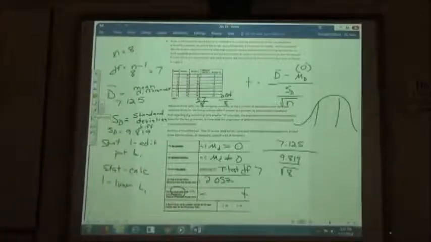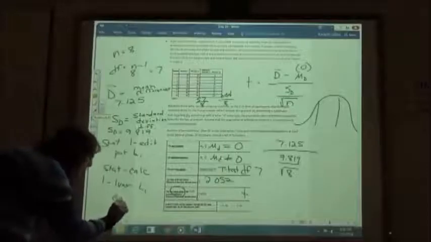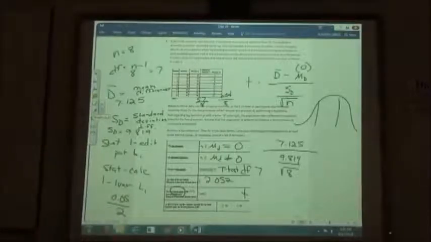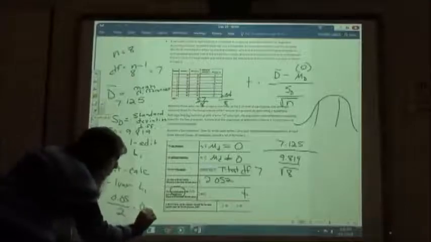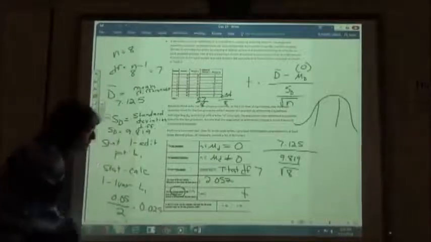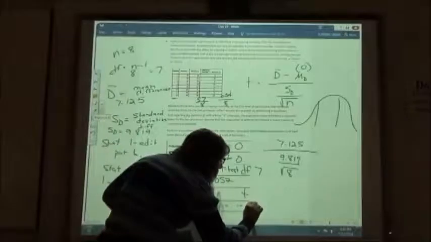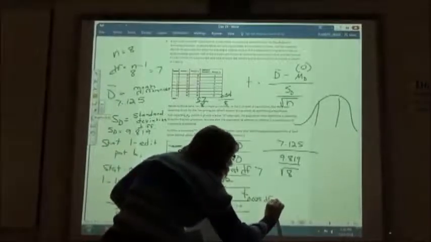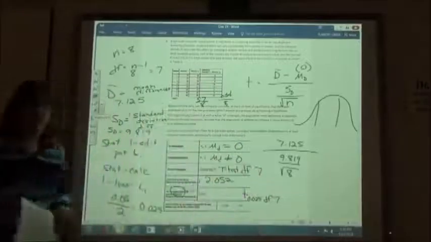If it's a one-tailed test, we'd use that number, but since it's two-tailed, I'm going to take my 0.05 and divide it by 2. So I get 0.025, right? So t sub 0.025 with a degree of freedom of 7.